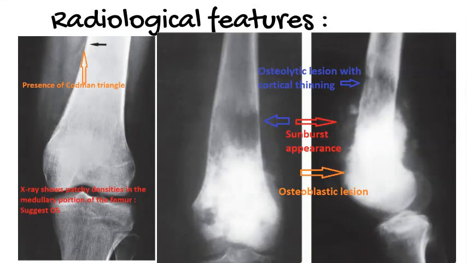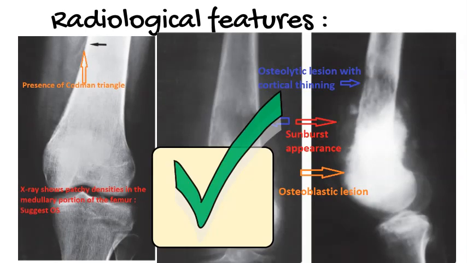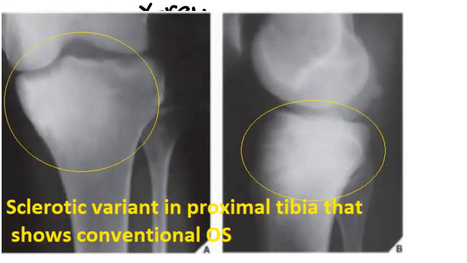There is an osteoblastic lesion with sunburst appearance, and there is an osteolytic lesion with cortical thinning seen. Another X-ray shows a left tibia X-ray, especially at the knee joint. There is a sclerotic variant in the proximal tibia to show a conventional osteosarcoma.